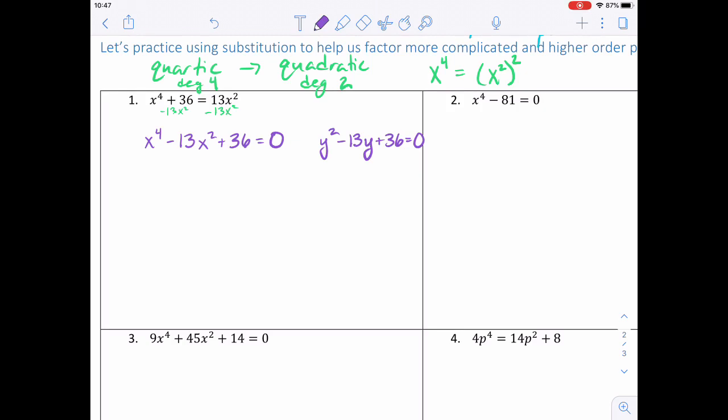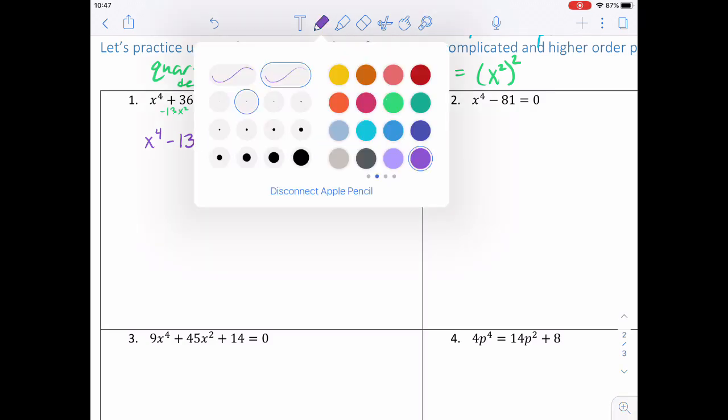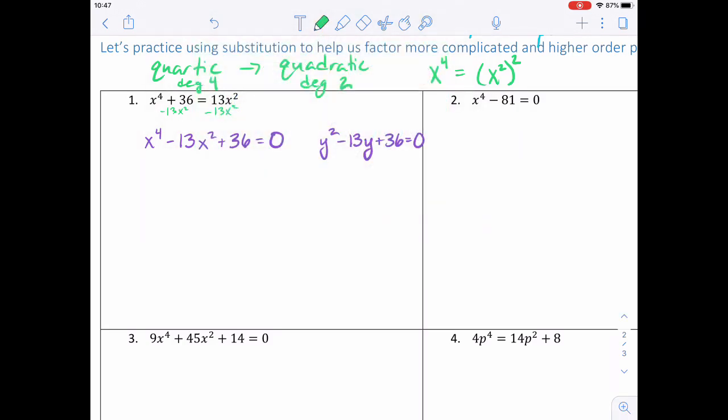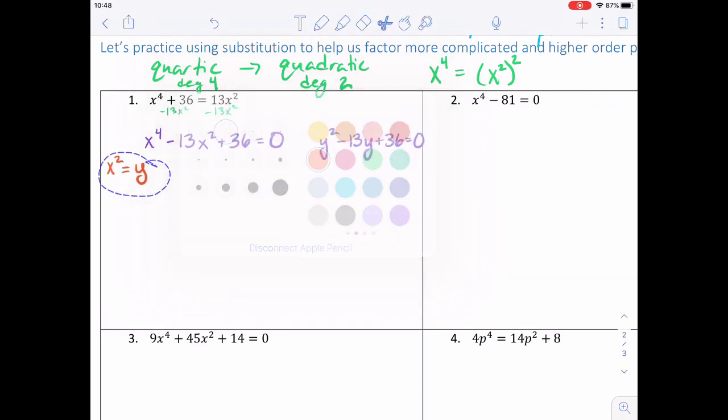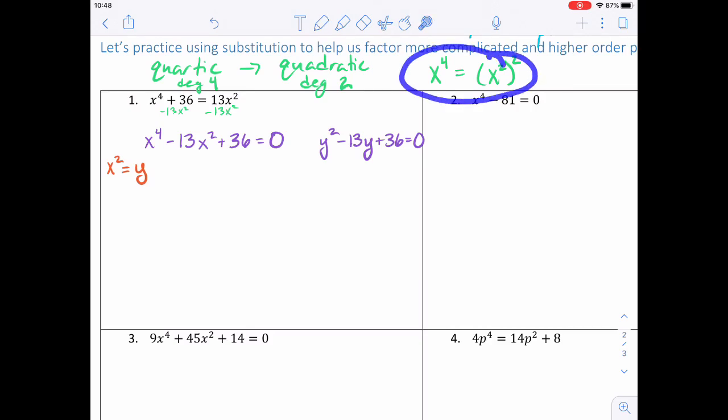So how do we make this into this? Well, we're going to use substitution. We're going to let x squared be equal to y. Let's use a different color, orange.